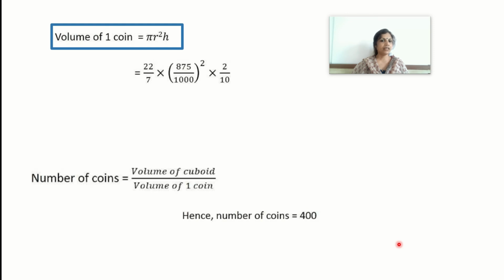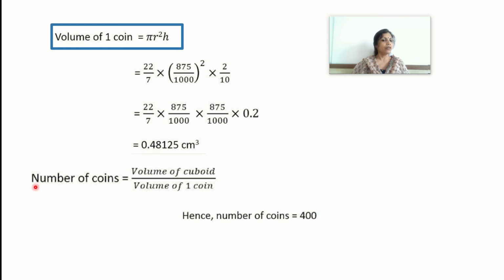If we simplify this, it is 22 upon 7 into 875 upon 1000 into 875 upon 1000 into 0.2. Now you can cancel out this by 25. Just you have to do the calculations, and once it is done, you'll get the value as 0.48125 centimeter cube, which is the volume of one coin.